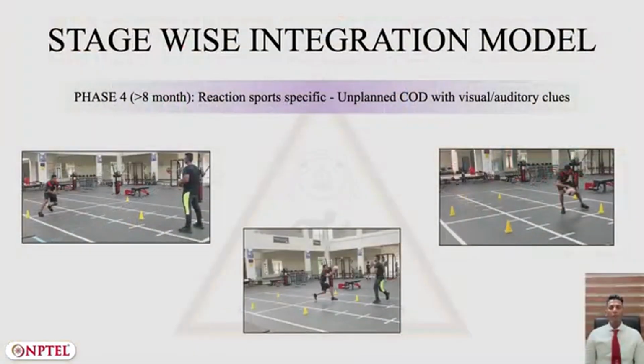Phase 4 begins after 8 months and focuses on sport-specific reactive scenarios. Here we introduce unplanned change of direction tasks triggered by visual or auditory cues. This simulates the unpredictable environment of sport where the athlete must make split-second decisions while under load.